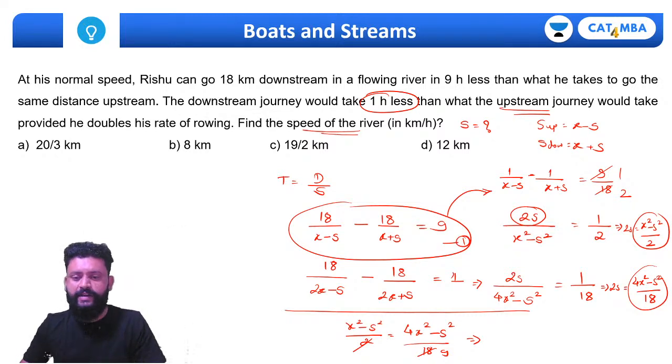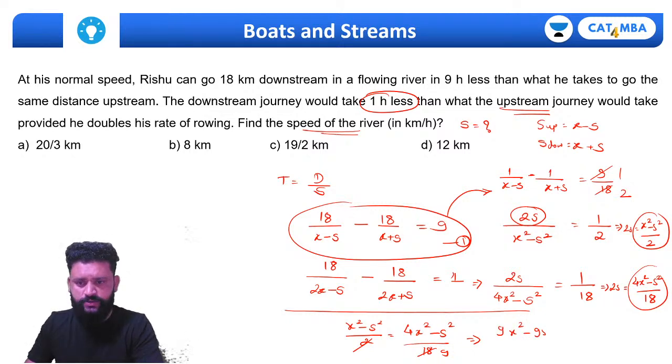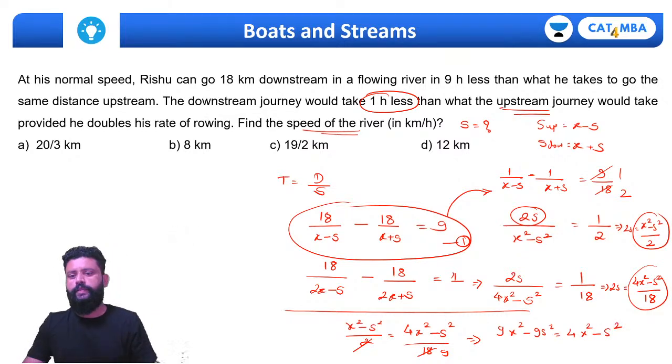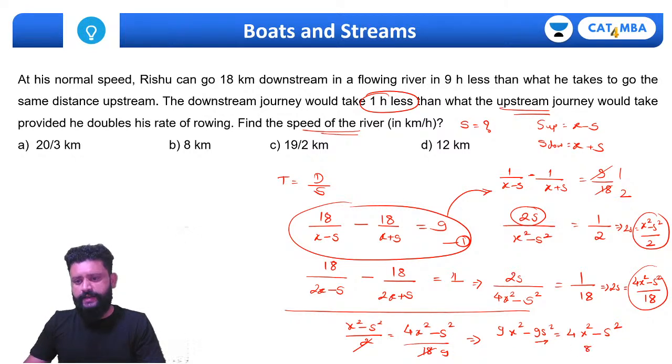I'm just trying to get the relation between x and s. So 9x square minus 9s square is equal to 4x square minus s square. So I'll take s square here. Here it will become 8 times s square, and this will be 5.